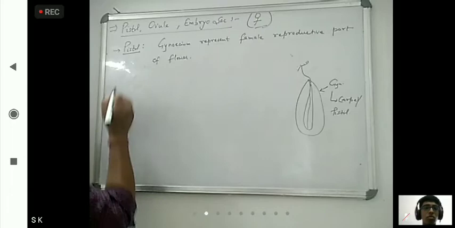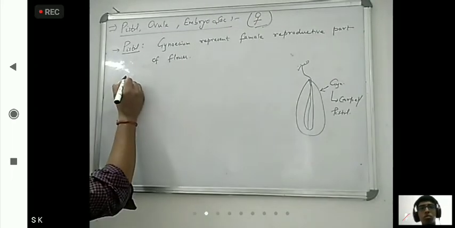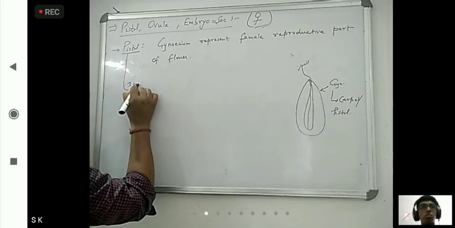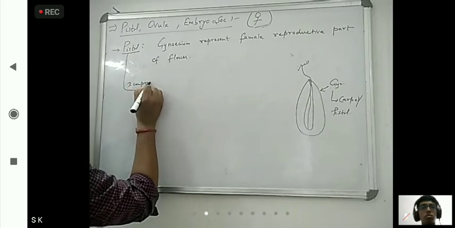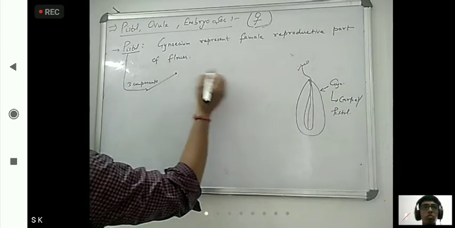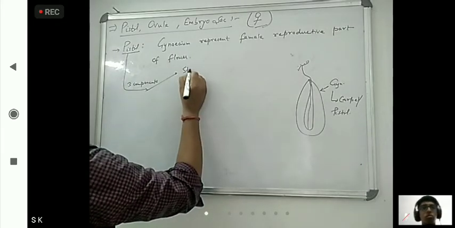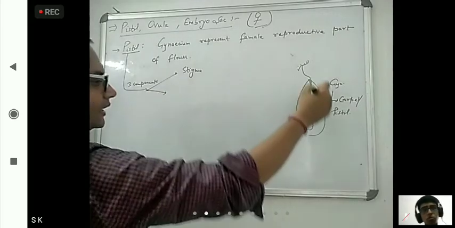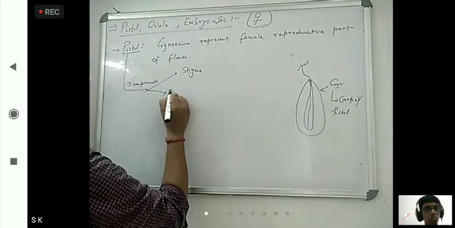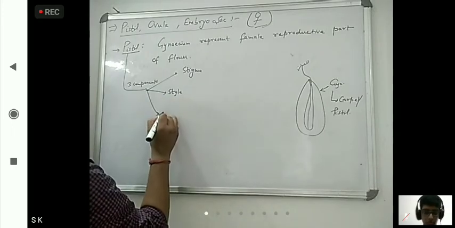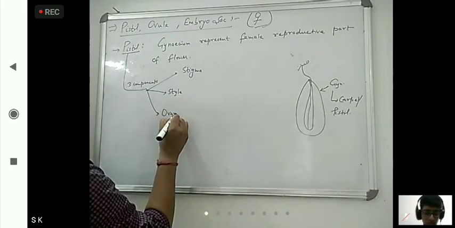So here the pistil contains three components. What are those components? Uppermost is the stigma, the middle slender structure is the style, and the lowermost is the ovary.